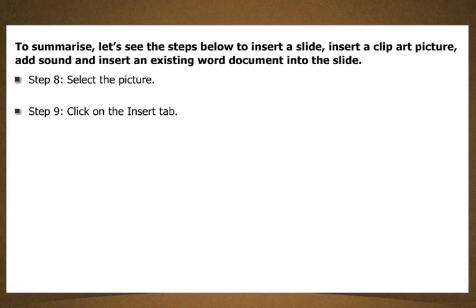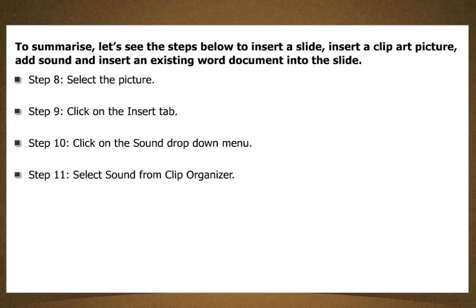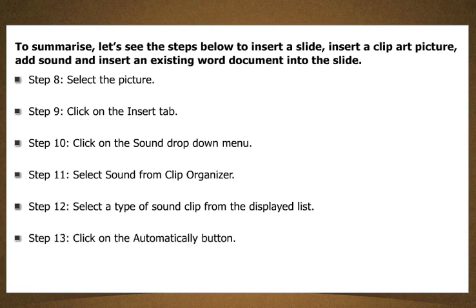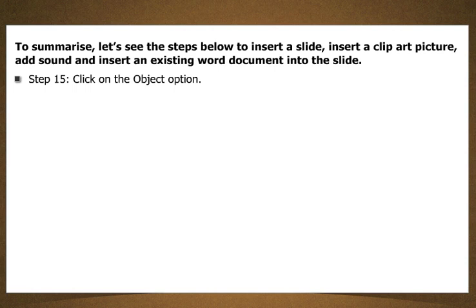Step 9. Click on the Insert tab. Step 10. Click on the Sound drop-down menu. Step 11. Select Sound from Clip Organizer. Step 12. Select a type of sound clip from the displayed list. Step 13. Click on the Automatically button. Step 14. Click on the Insert tab. Step 15.